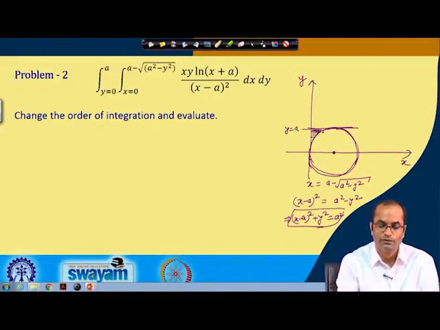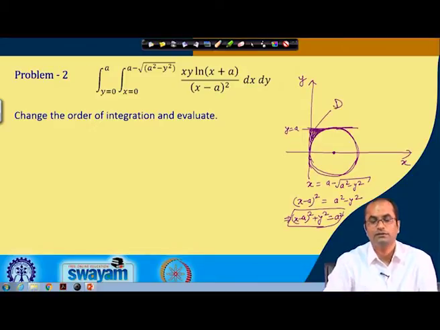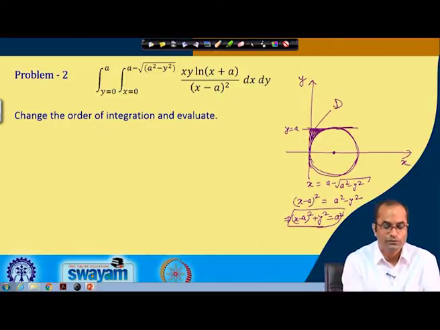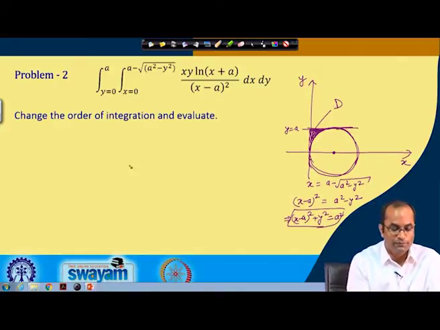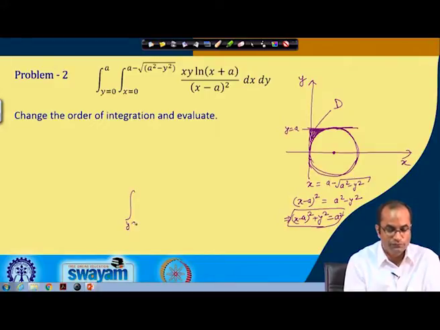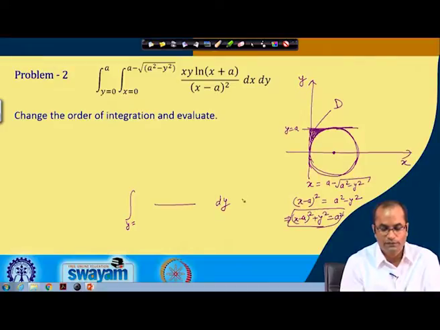So, this small region here is the region of this integration, which we have to now see when we change the order of integration, what will happen. So, if we change the order, first we have to fix the limits for dy. So, the integrand will remain as it is, and then later on with dx.